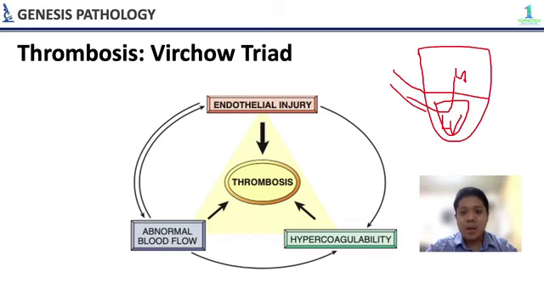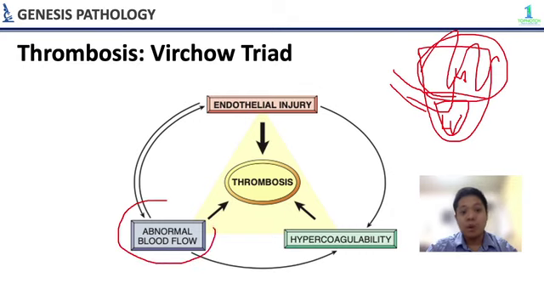So, kapag lumaki na yung left ventricle, sometimes yung left atrium din, lumalaki na siya. And since lumalaki na yung left atrium, yung blood flow dito sa atrium na to, nagiging turbulent na siya. So, yun na yun. This is the first component. So, abnormal blood flow. So, since turbulent na yung blood flow niya, nasisira niya yung endothelium. Because, di ba, the more turbulent blood flow is, the more destructive it can be to the endothelium.